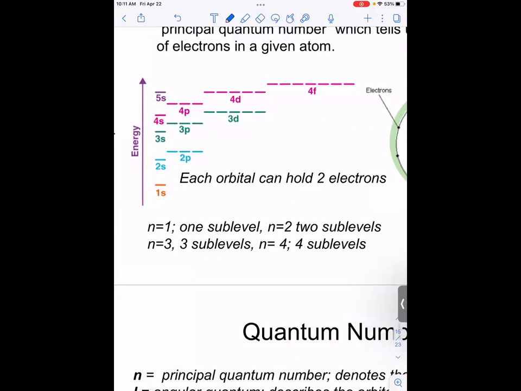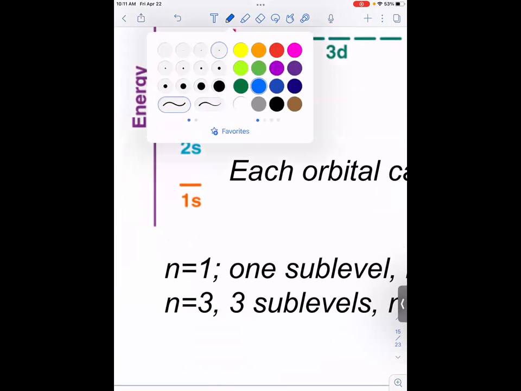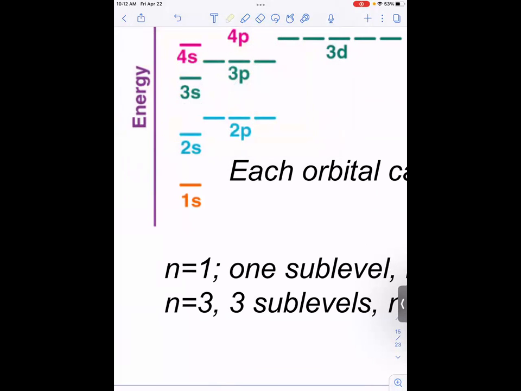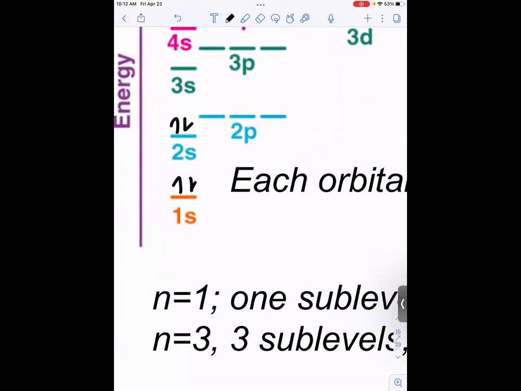So if we were to fill this up based on the model that's over here, we say that this is 1s, right? We'll fill that up, and then 2s, we'll fill that. If you notice, the 2s is a little bit lower in energy than the 2p. And so we'll put 2 electrons in that before we touch the p, right?